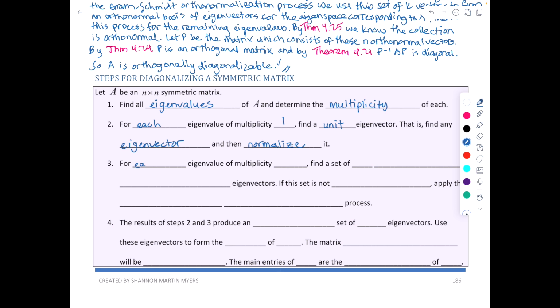Now for each eigenvalue of multiplicity k, find a set of k linearly independent eigenvectors. If this set is not orthonormal, we apply the Gram-Schmidt orthonormalization process.